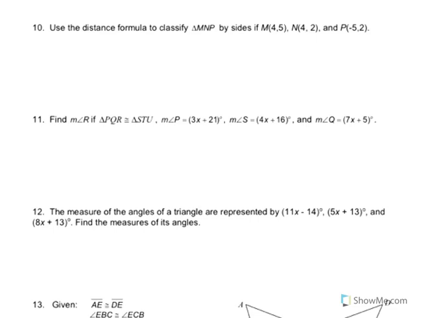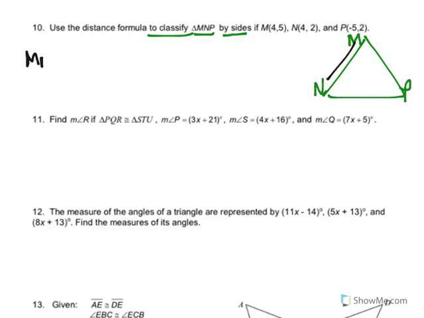Okay, on number 10 it says use the distance formula to classify this triangle MNP by its sides. So we have M, N, P. If you're going to do the sides, you're going to have MN, NP, and MP.